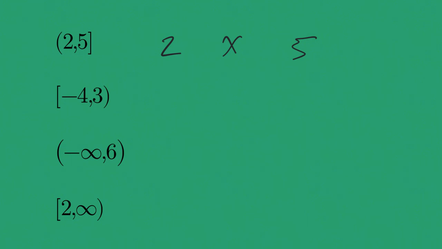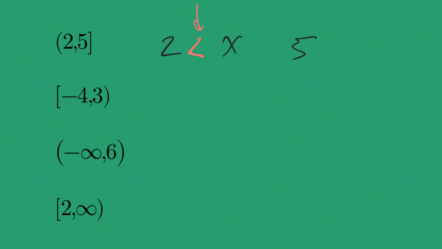Now, there is a parenthesis around the 2. What kind of symbol do I need right there? Going from right to left, how's that symbol going to read? Greater than? It's a parenthesis, so it's not going to be an "or equal to." So we've got values greater than 2. What's that next symbol going to be?